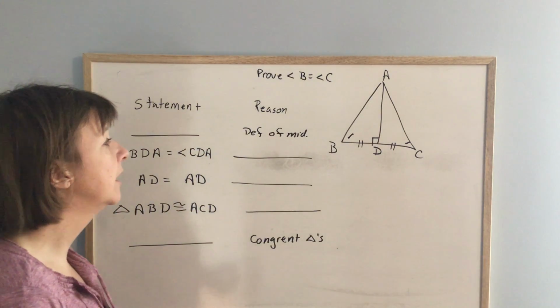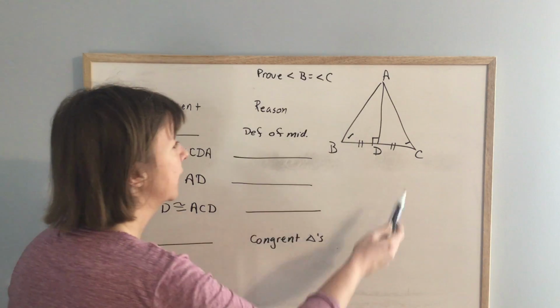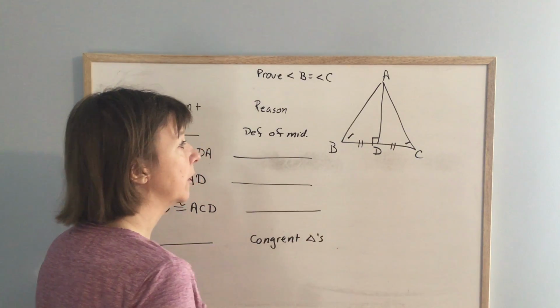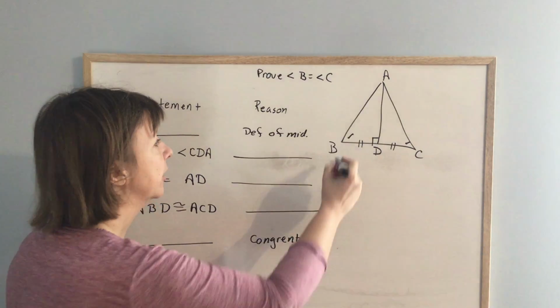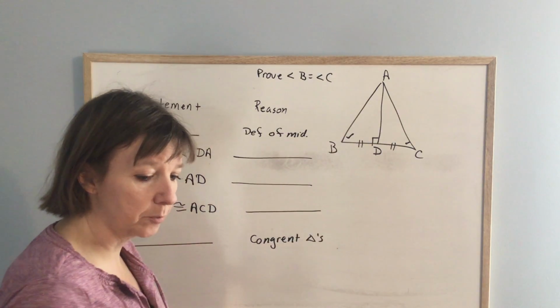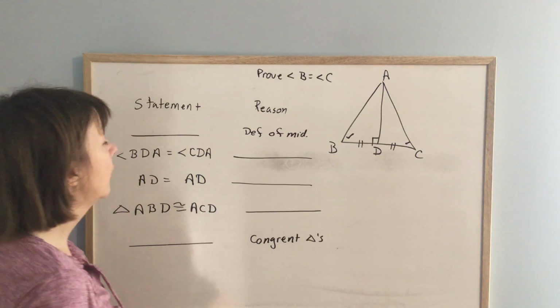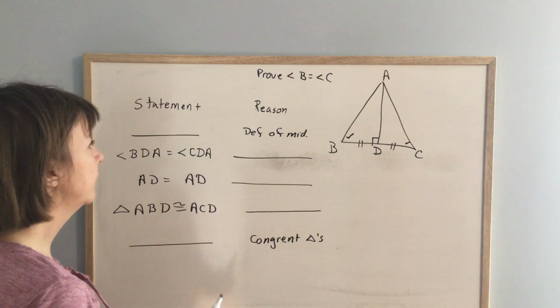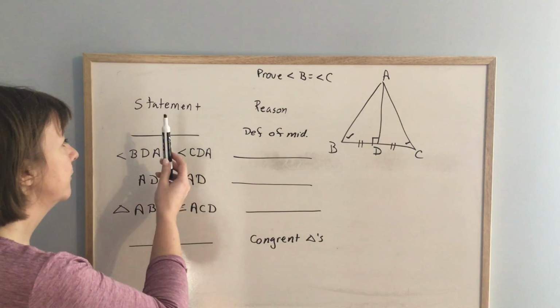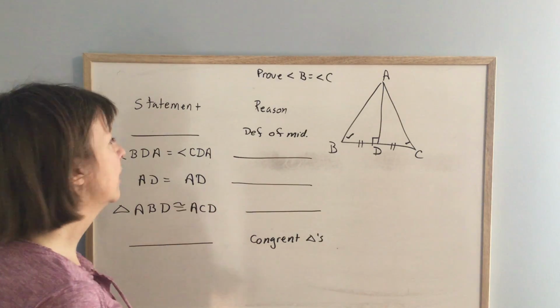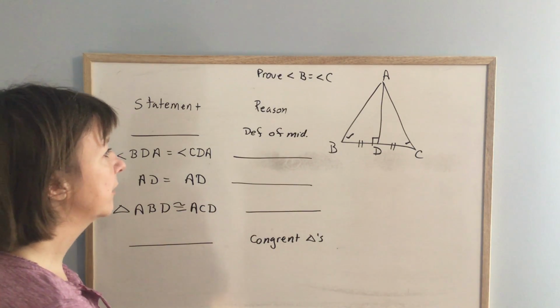So in number 1, they give us this triangle and they want us to prove that this angle is equal to this one. I put little funny check marks in there because that's what I'm trying to prove. That's what I want to keep in mind. So they put a blank here in the statement and it says definition of a midpoint.